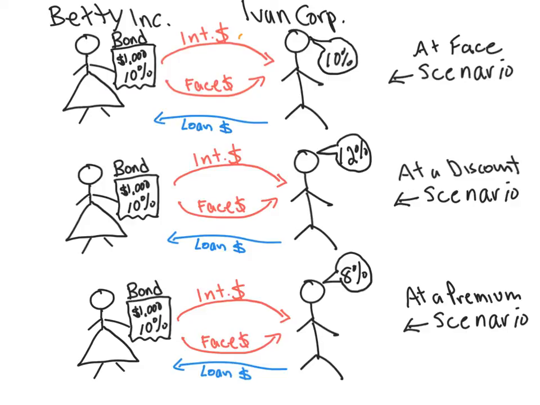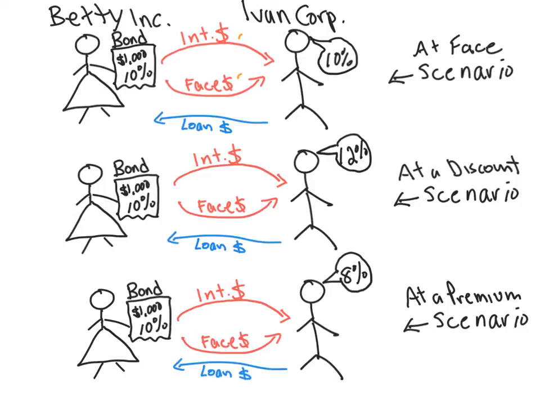In this case, remember there's only one payment. It's only 1 year. And also at the same time, because at the end of the life of the bond, the investor will get back the face. So they both come at the same time because it's only 1 year. So Ivan is getting both the interest and the face amount under each of the three scenarios.